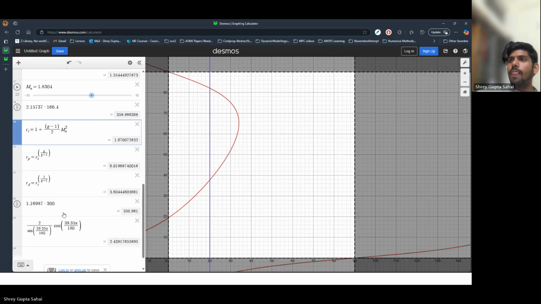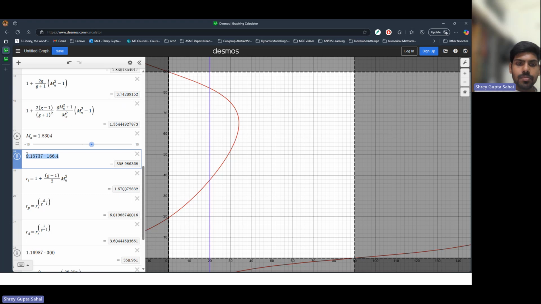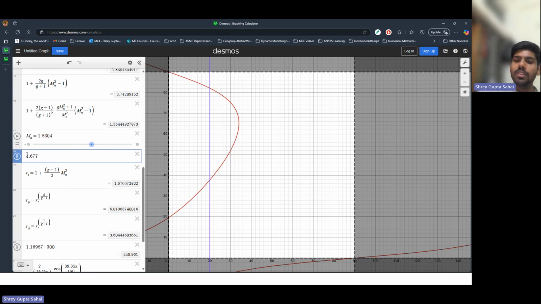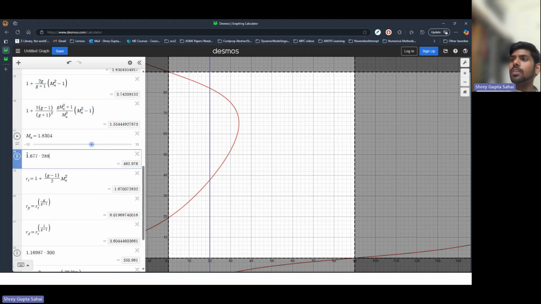Let's check from the calculator itself. 1.677 into 288 will get us 482.98, so 482 or maybe 483 kelvins.